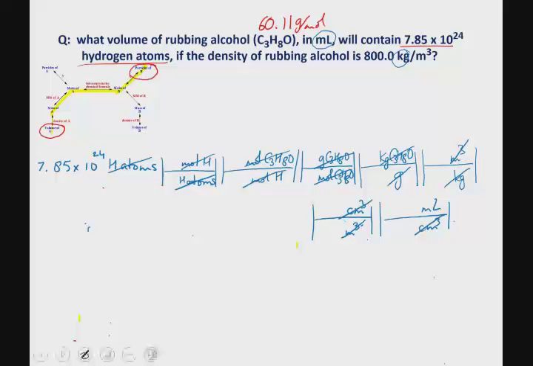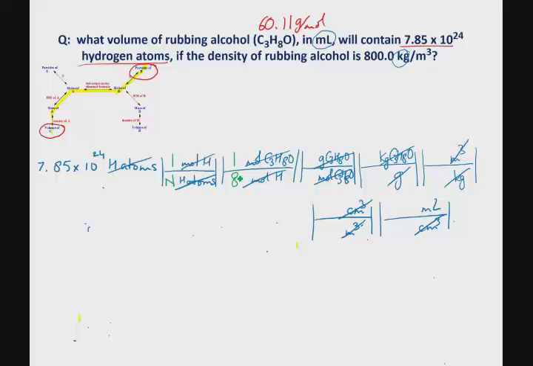Okay, let's put in our numbers there. We know that 1 mole of every substance contains Avogadro's number of particles, in this case hydrogen atoms. We know that from the chemical formula, 1 mole of C3H8O contains 8 moles of hydrogen atoms.